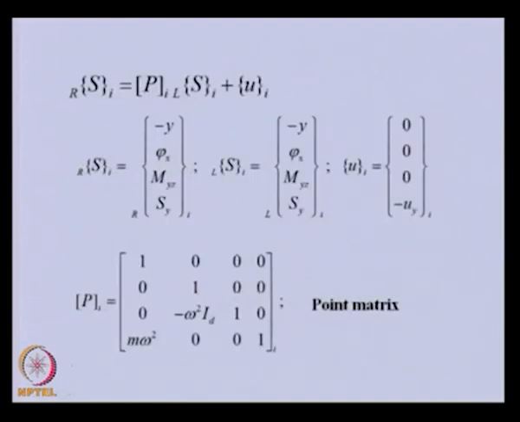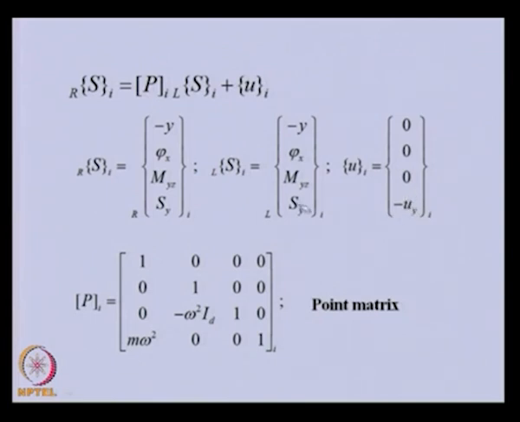You can see that this is the point matrix, which is coming from various coefficients of these state vector components, and we have an additional vector which is the unbalanced vector, coming from the unbalanced force.